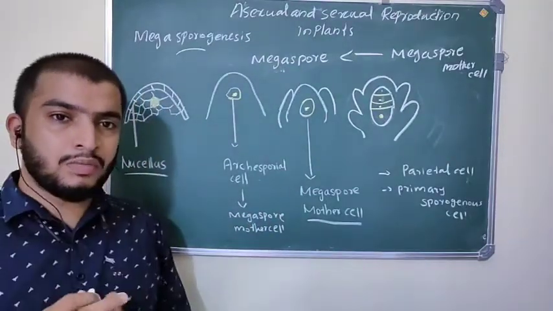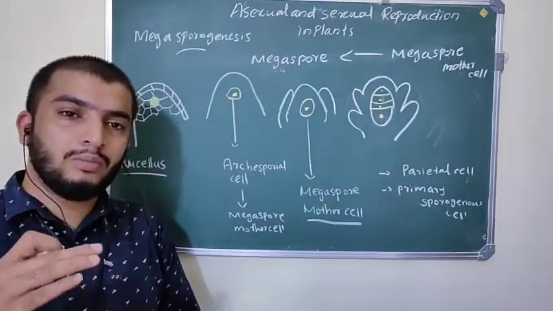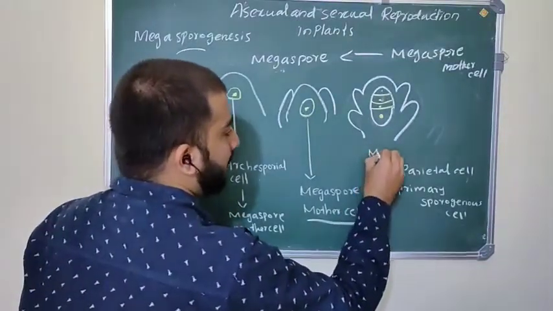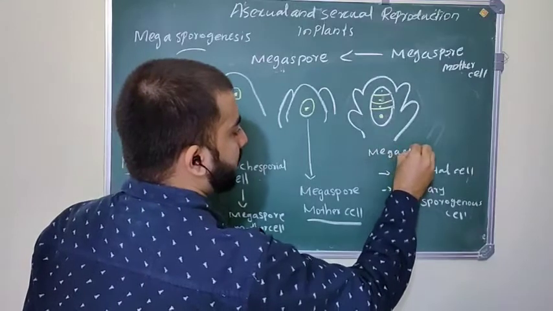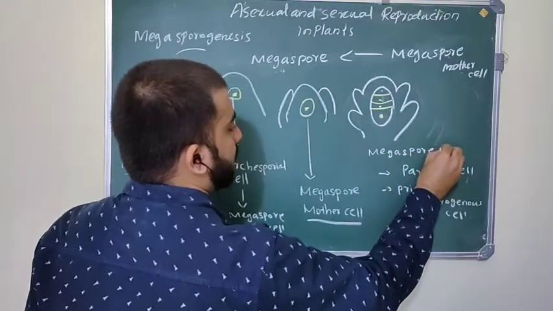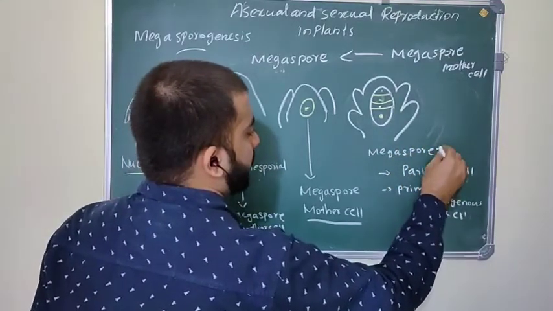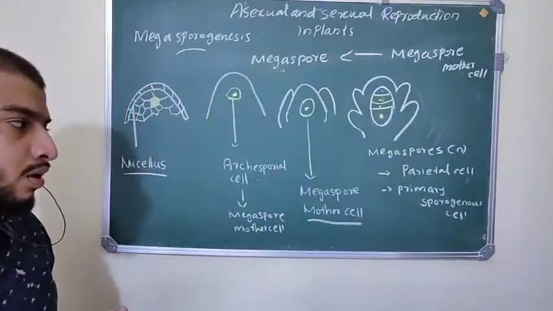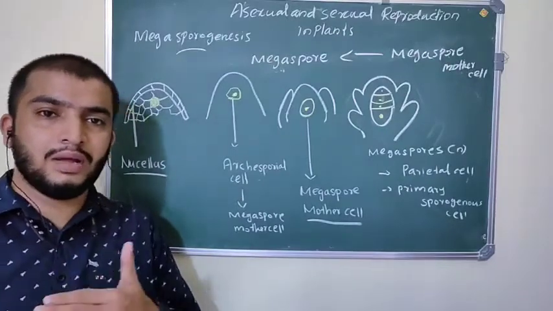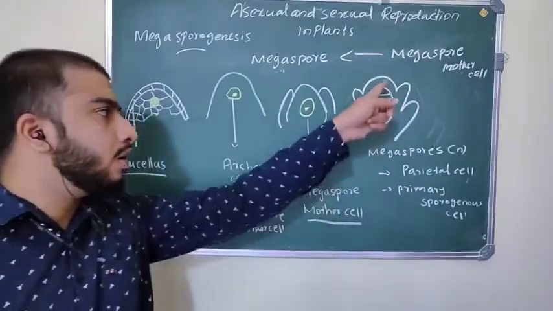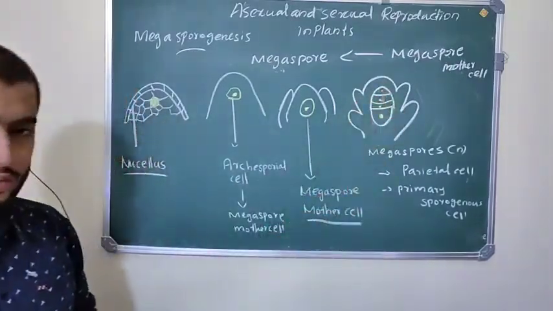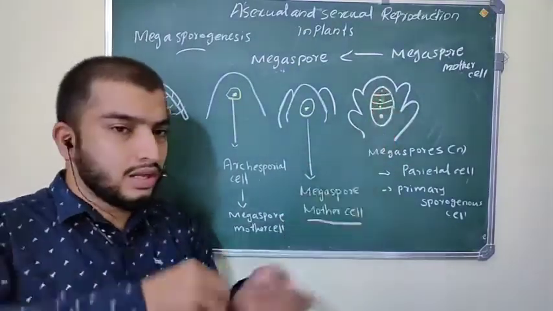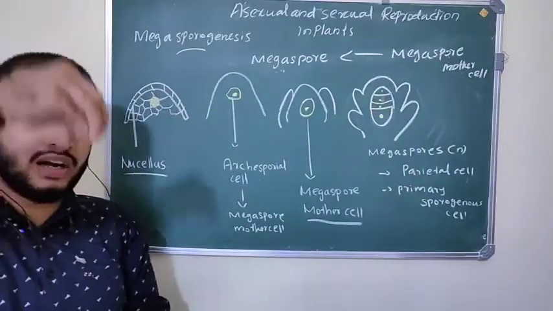This megaspore mother cell undergoes meiotic division and forms four haploid megaspores, arranged like a linear tetrad.